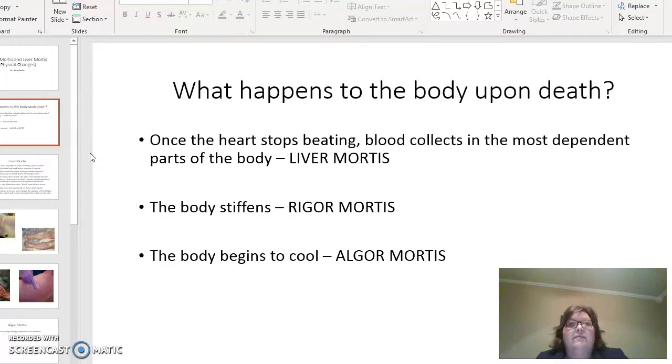When the body stiffens after death, it is called rigor mortis. And when the body begins to cool after death, it's called algor mortis. Livor mortis and algor mortis are the two physical changes I'm going to speak to you about today.